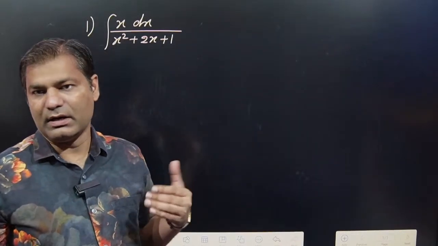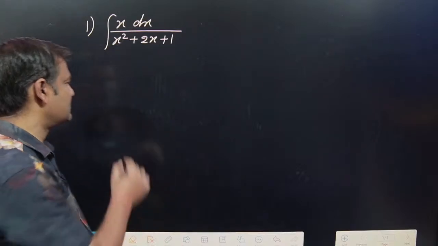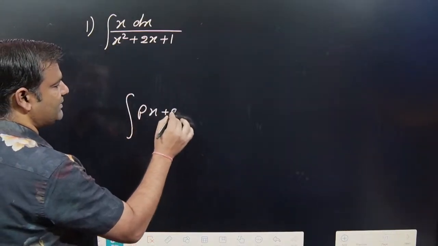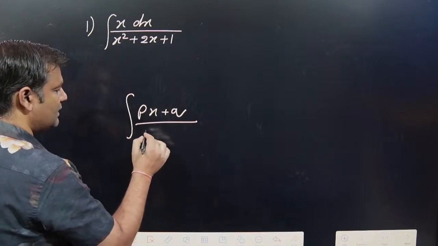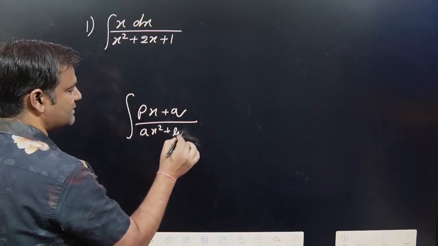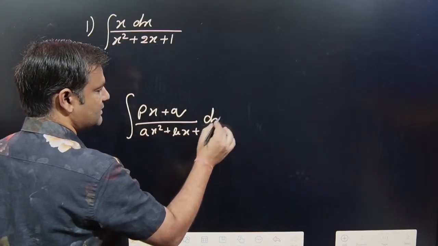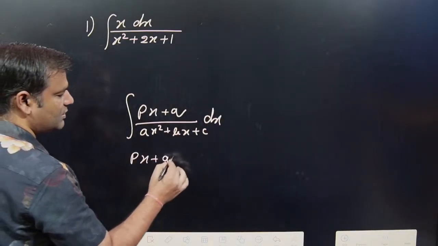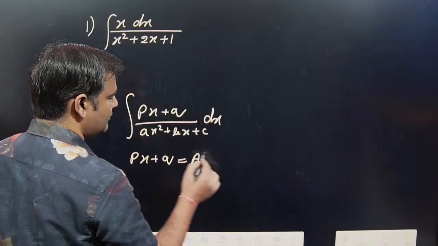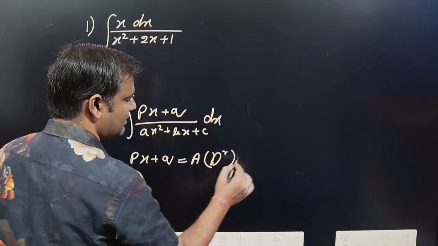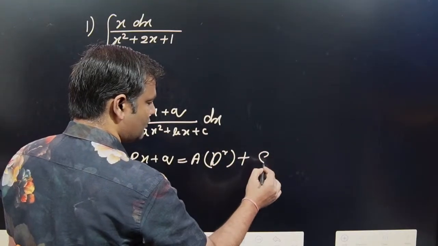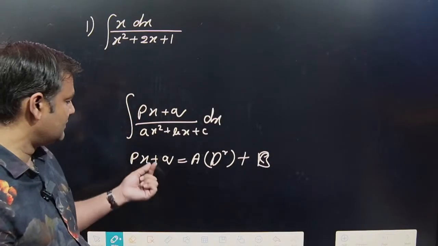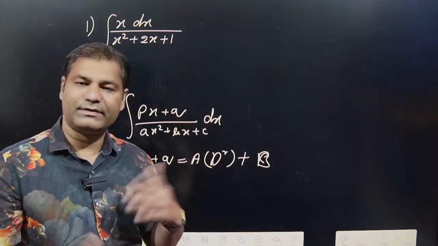I have already discussed: if the integral of (px plus q) divided by (ax square plus bx plus c) dx, then px plus q equals a times the differentiation of the denominator plus a new constant b. After that calculate a and b, replace them in this part, and then integrate.